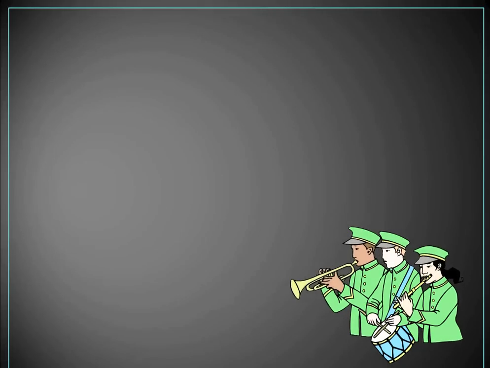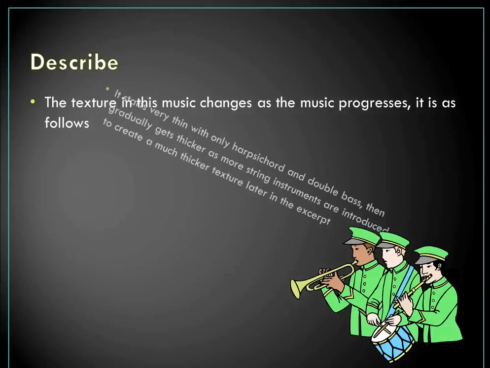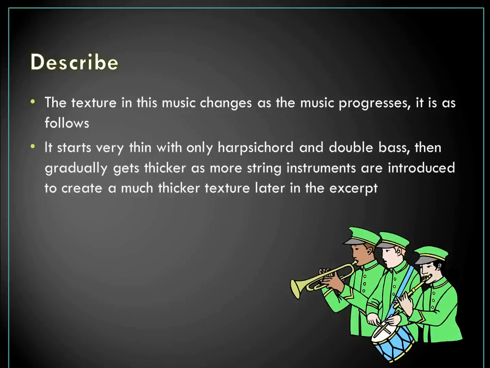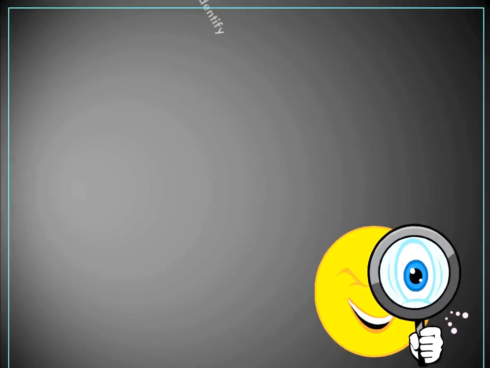So for this particular piece, when you're describing the texture, your topic sentence would be something like this: the texture in this music changes as the music progresses. It starts very thin with only harpsichord and double bass, then gradually gets thicker as more string instruments are introduced to create a much thicker texture later in the excerpt. That's as much as you need to do for describe.